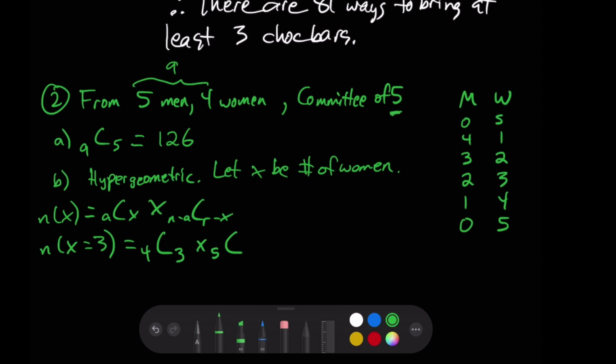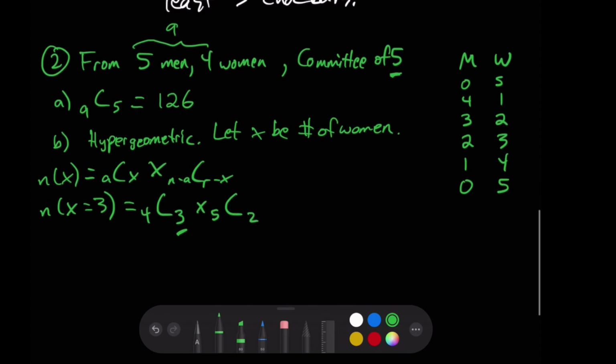Well, 5. We've already chosen 3. So there are going to be 2 left. And now we just do the math. So 4 choose 3 times 5 choose 2 gives us 40. So there are 40 ways of choosing a committee with exactly 3 women.